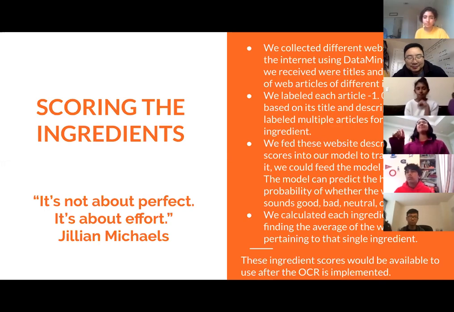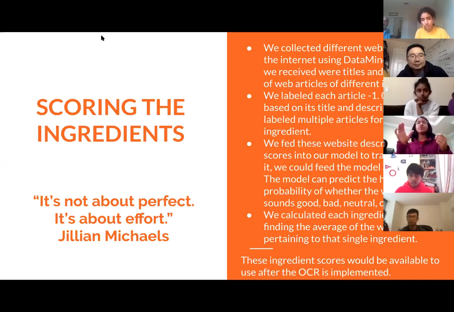Yeah. So first I'll just summarize it really quickly. We collected different websites using data miner. We labeled those websites for each ingredient, and then we took the average of those website scores that we labeled, and those would pertain to each ingredient.